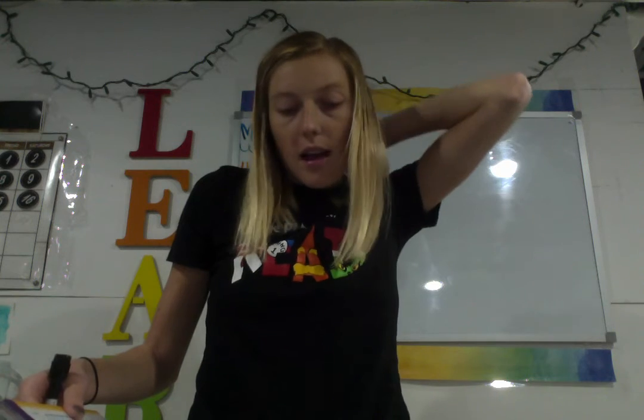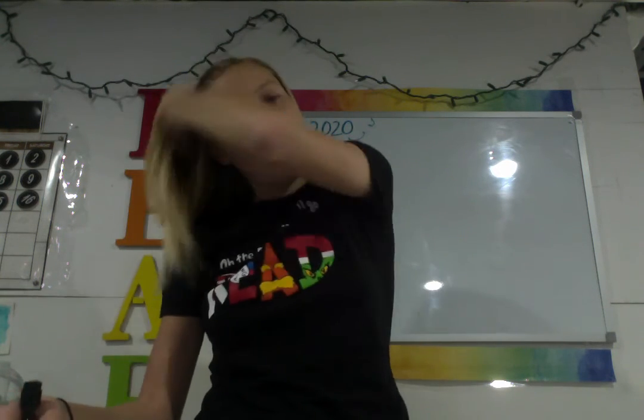It says, I am a 2-dimensional shape that has no sides and no vertices. What shape am I? Sraboni: circle. A circle. So on that line, you are going to write the word circle.